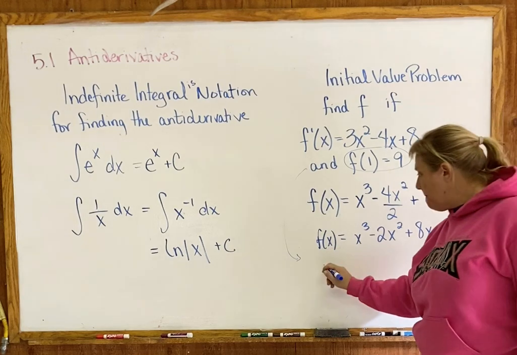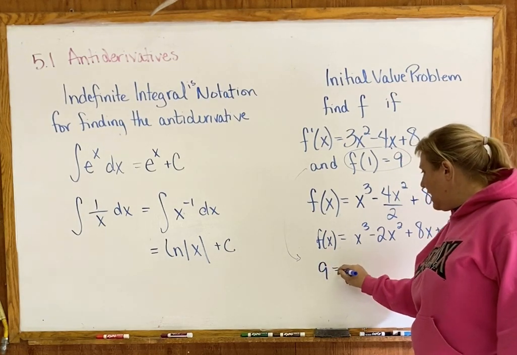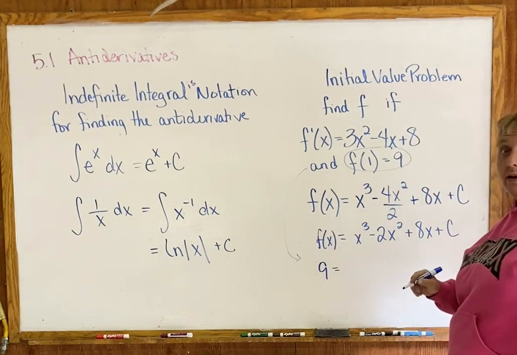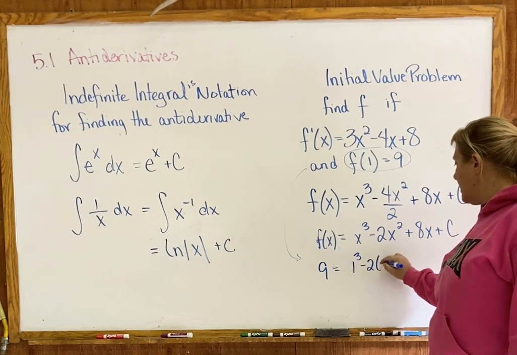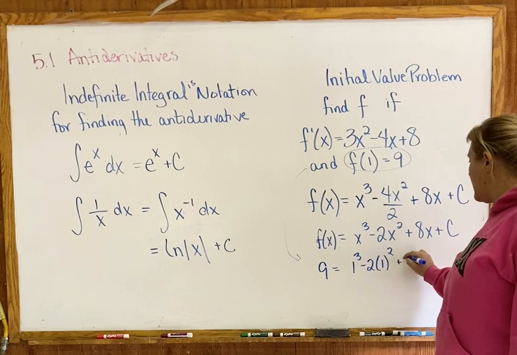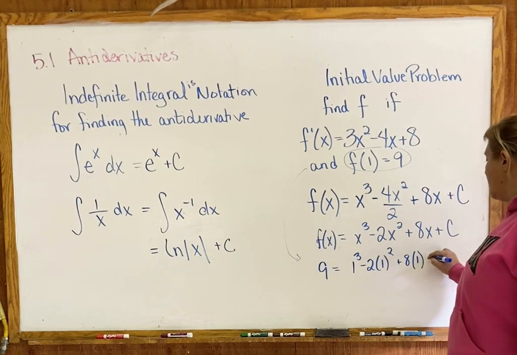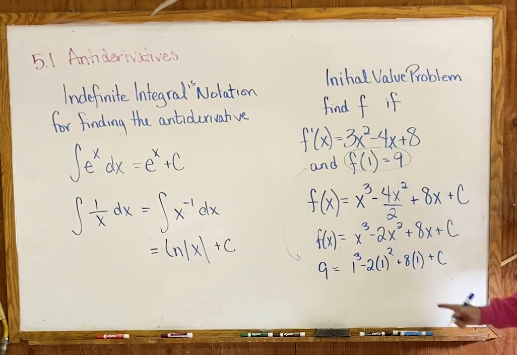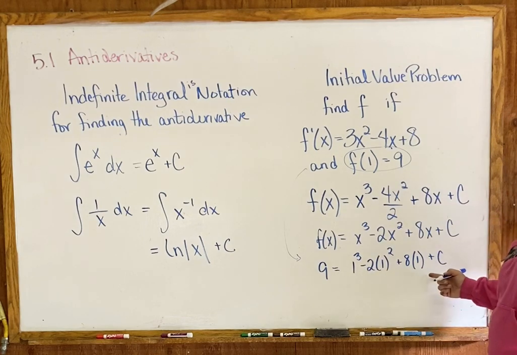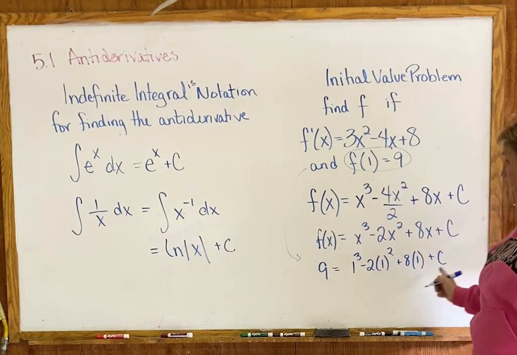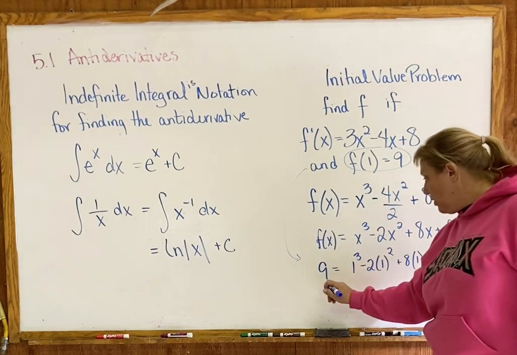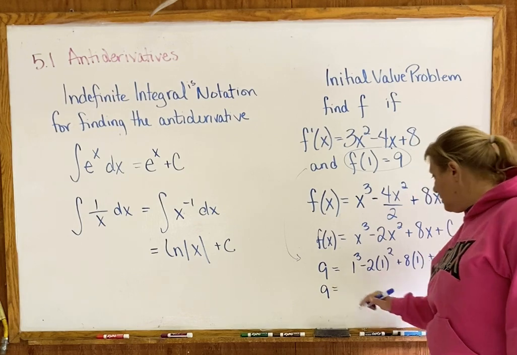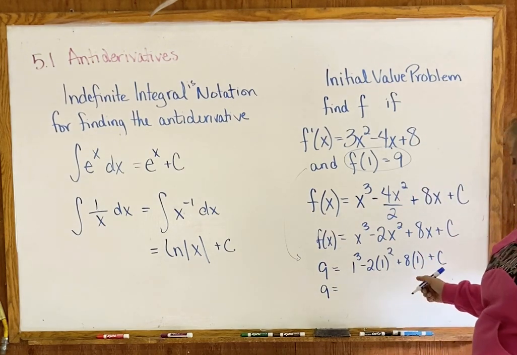So that means that I can plug in 9 for the answer when I plug in 1 for all of the x's. So 1 cubed minus 2 times 1 squared plus 8 times 1 plus c. And if I am able to plug all of that information in there, the 1 and the 9, can we solve this out to see what the c actually is? Okay, so here we have 9 equals, and the nice thing is it's a 1, so it doesn't really affect anything.